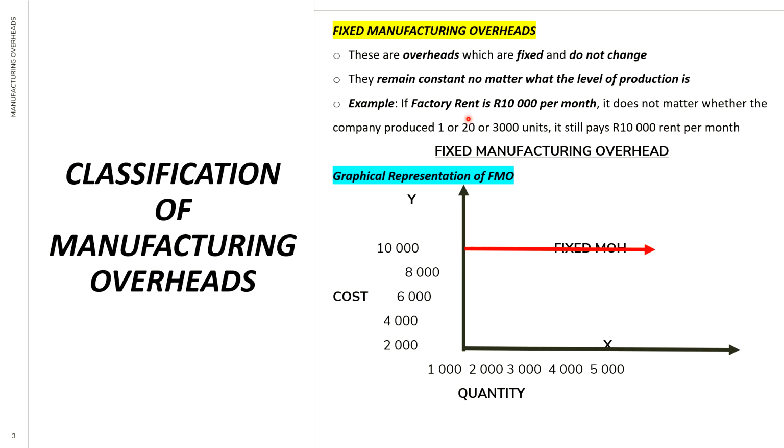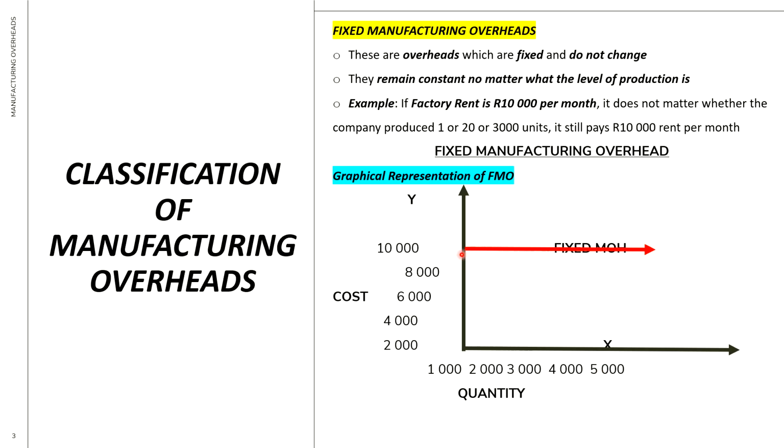right? Now, how do you show your fixed manufacturing overheads graphically? Okay, so you have your y-axis and your x-axis, and then you have your cost in terms of rands, and you have your quantity in terms of units.